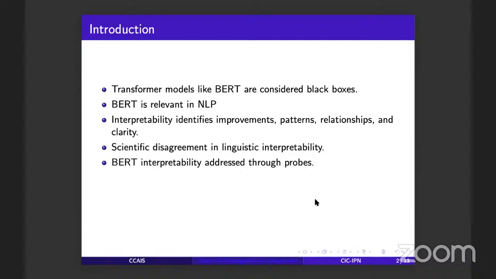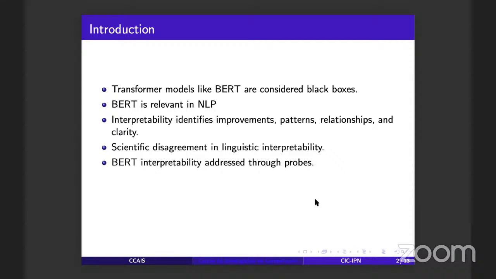Also, BERT is relevant in natural language processing tasks. However, interpretability has some advantages. With interpretability, you can identify some improvements of the model and it also gives you clarity.